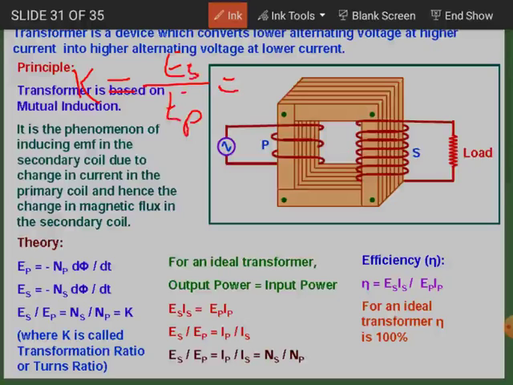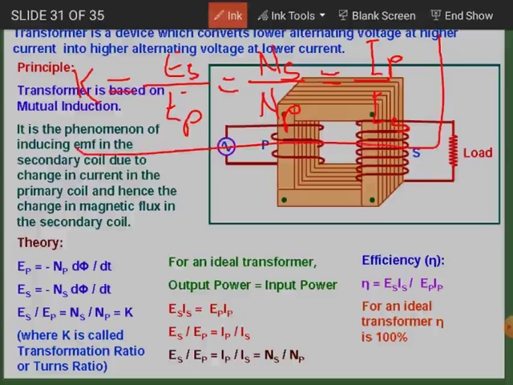This is also equal to the total number of turns of the secondary coil to the total number of turns of the primary coil, and it is also equal to the input current to the output current. Okay, so you can correlate this transformation ratio in terms of the ratio of the voltages, the ratio of the total number of turns, or the ratio of the currents, like this.